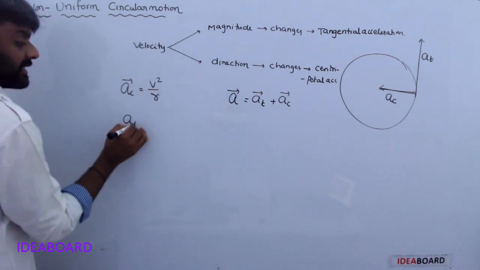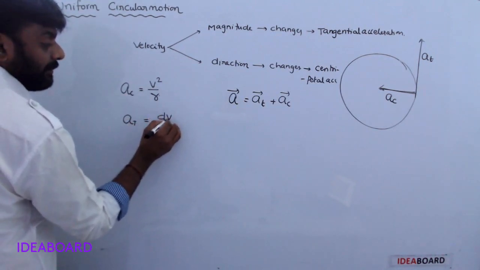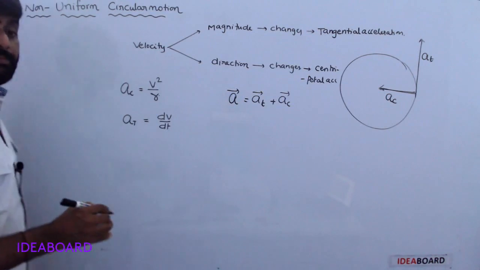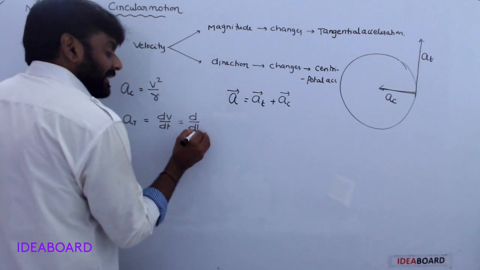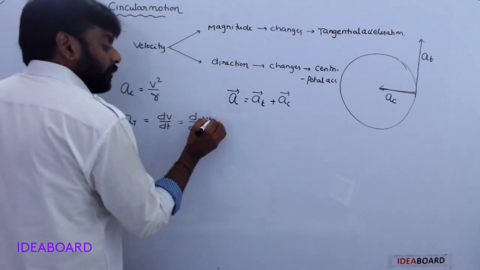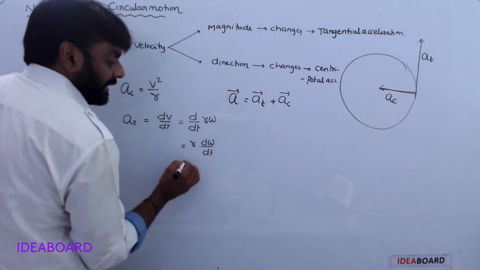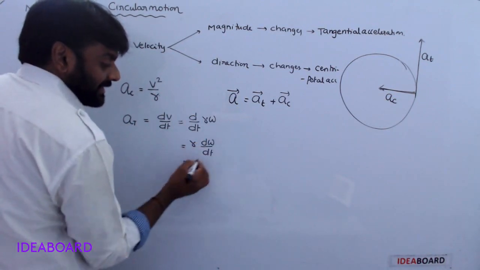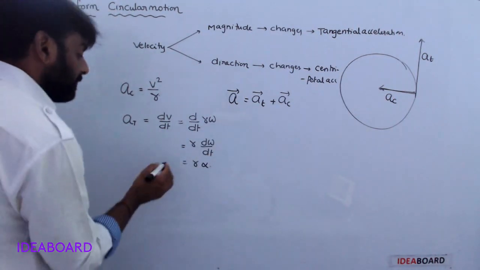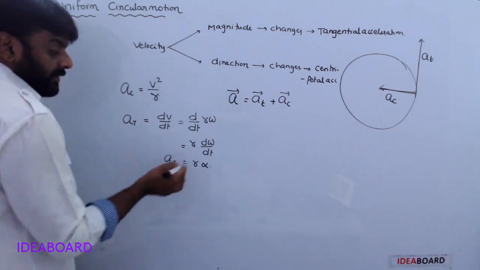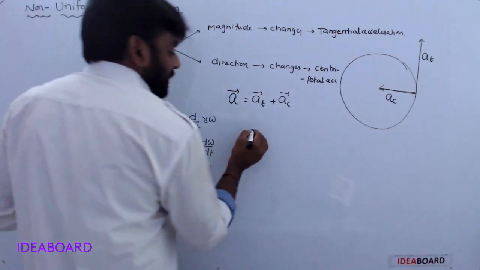Tangential acceleration is equal to dv by dt, because the magnitude changes. dv by dt, v means r omega, here r is constant, so r d omega by dt. The rate of change of angular velocity is nothing but angular acceleration, so r alpha. This one is centripetal acceleration, this one is tangential acceleration.